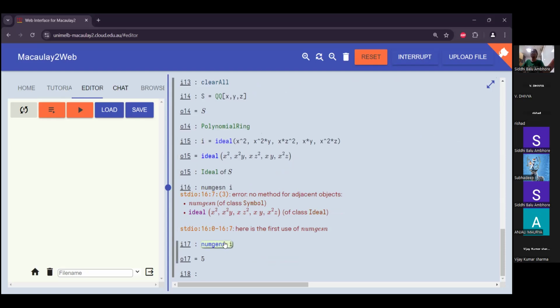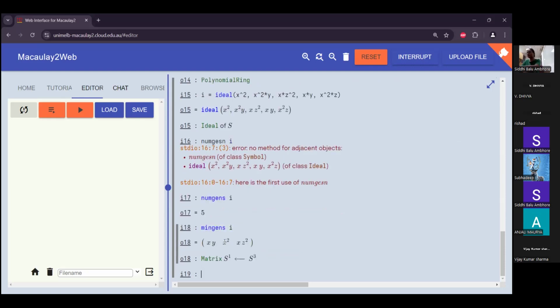To get the minimal generating set, we have this command, mingens of I. Now it has only these 3 elements, exactly the 3 elements we were also getting. So this 3 here is the cardinality of the minimal generating set.